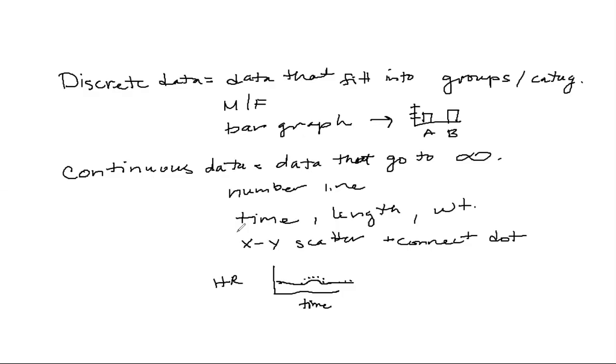Okay, let's go on to talk about your X and Y axis. Okay, so when you're doing a graph, you have obviously two axes, right? You're going back to algebra.